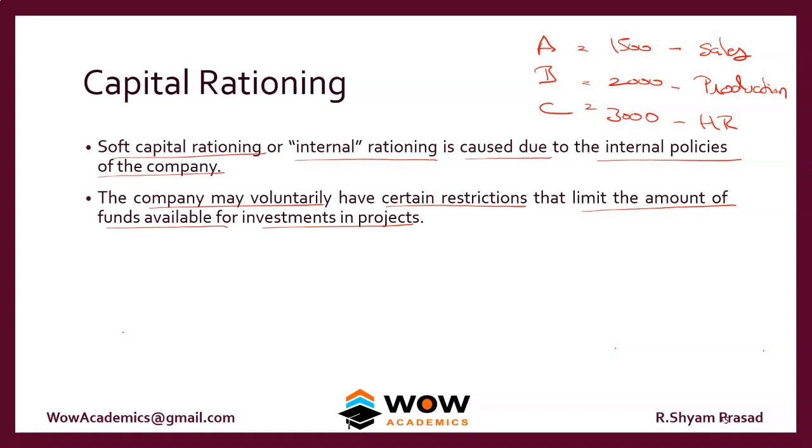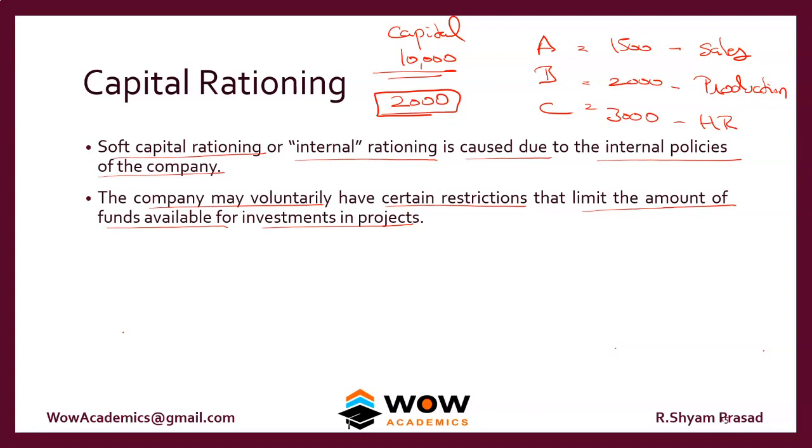So what happens is the company, even though it has 10,000 as capital and it can invest in all of these projects, still it limits its total capital to something like 2,000. Why does it limit it to 2,000? The answer is it wants to invest only in the best of the projects.